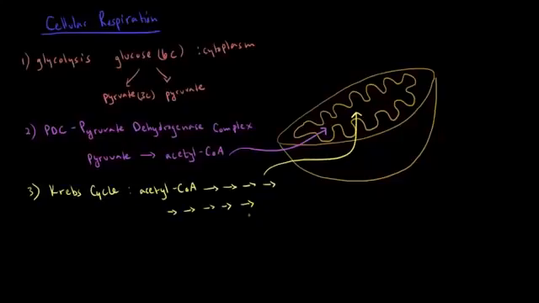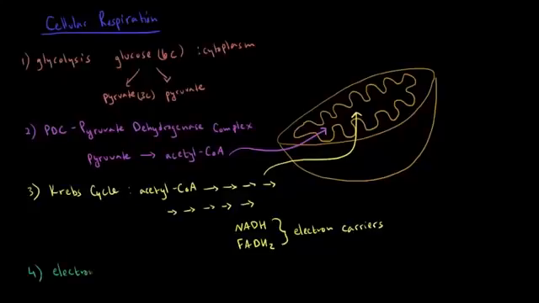What I'm going to focus on right now is that at the end of the Krebs cycle, we produce 2 molecules, NADH and FADH2. These are electron carriers. You'll see in a moment why they're so important. And the last step of cellular respiration is the electron transport chain.